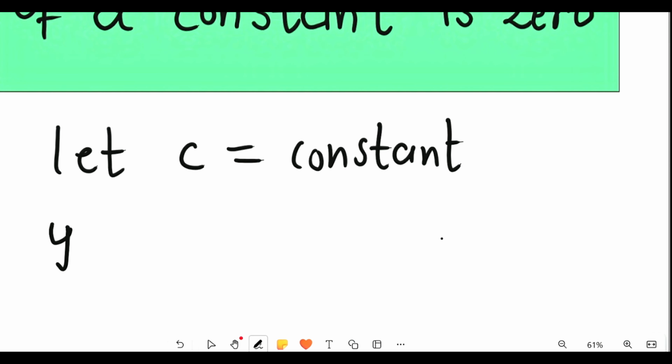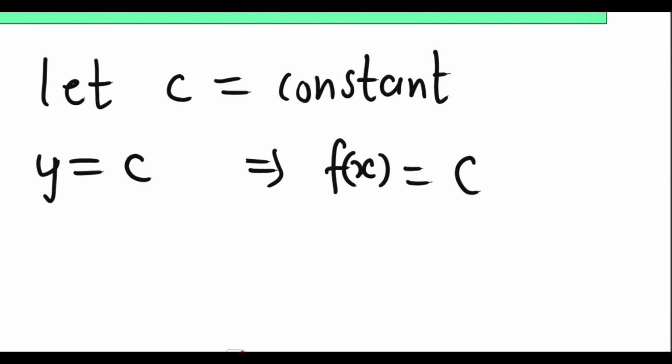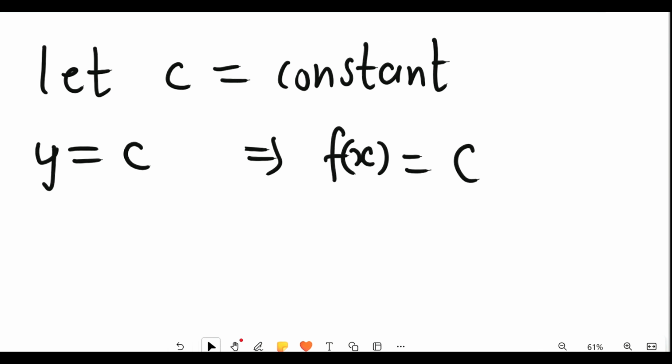So we can say that our function y will be equal to C, which implies that the function f of x is equal to C. And you should know that when you have any constant and you have a function which is in terms of x, it means the constant is multiplying x exponent 0.